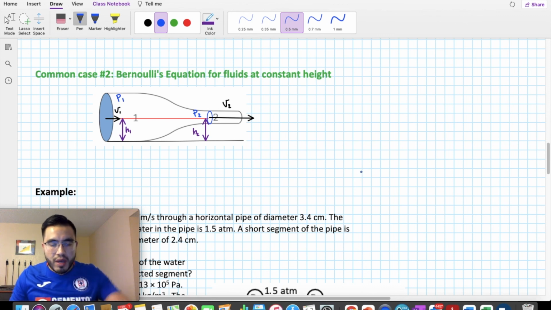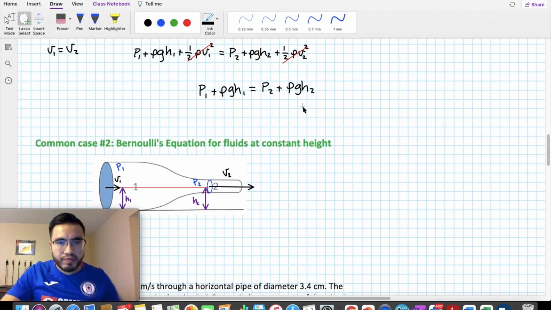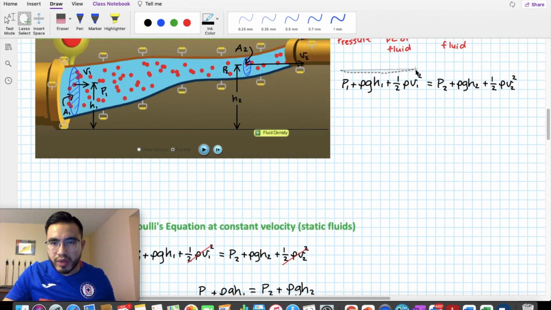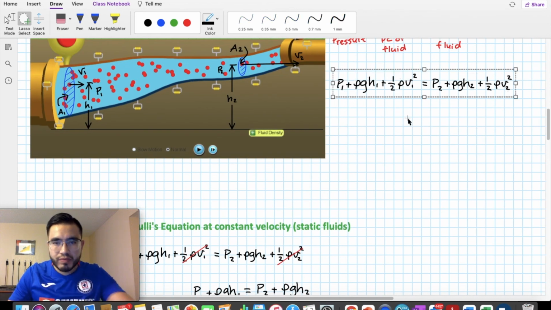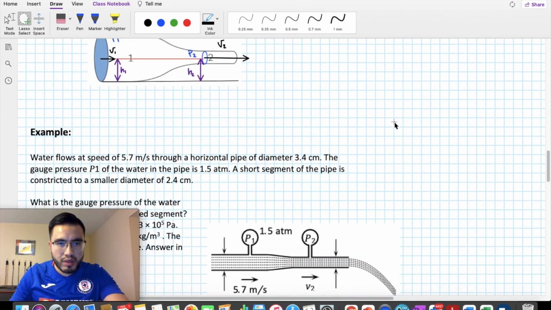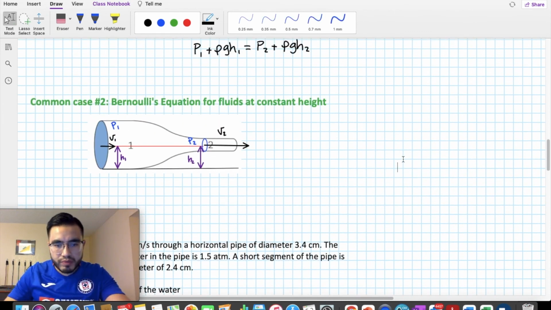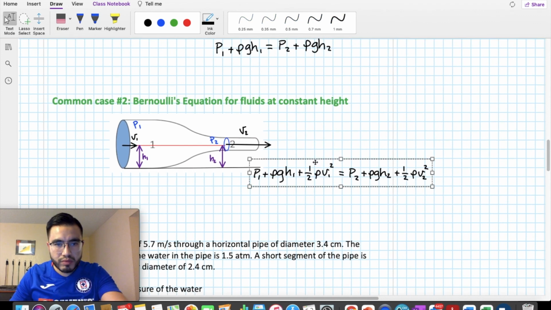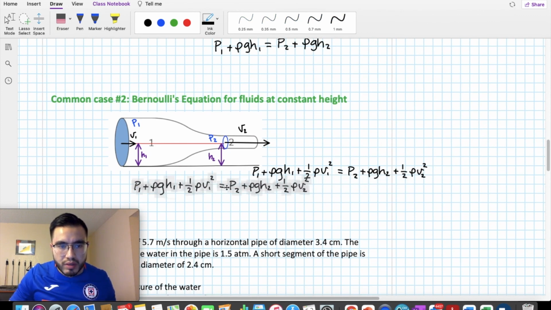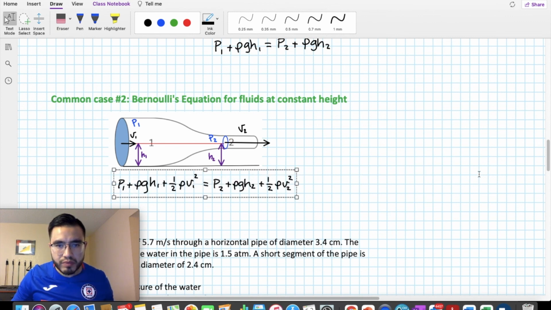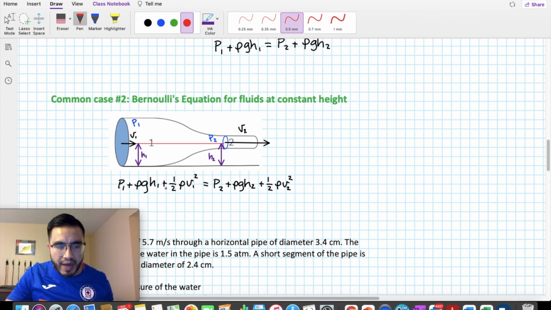Okay, so if we copy Bernoulli's equation again, because I don't want to write it all over, it's a long one. Okay, there you go. If the height is the same, the density is the same and acceleration due to gravity is constant, so we can cancel the potential energy of the fluid.